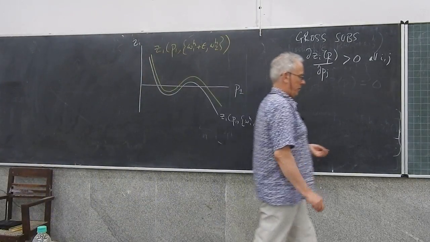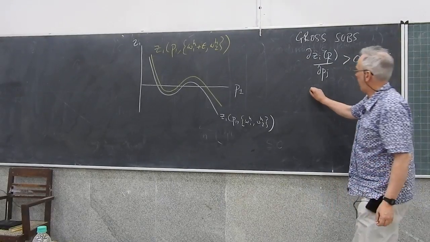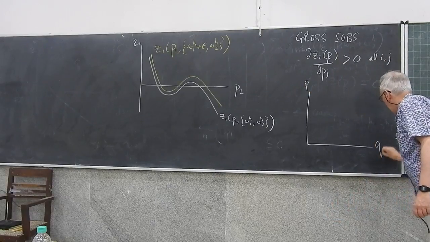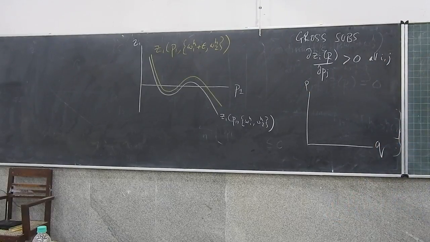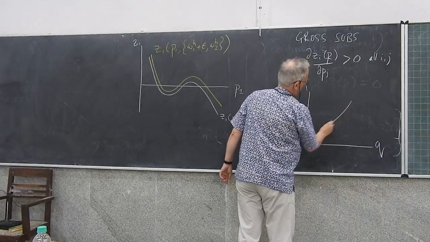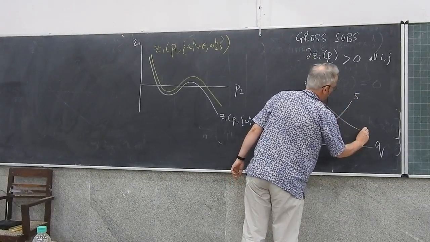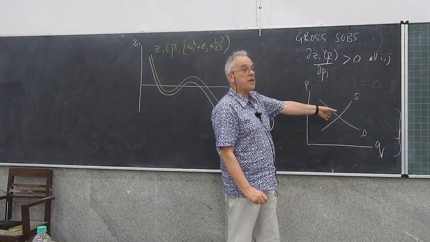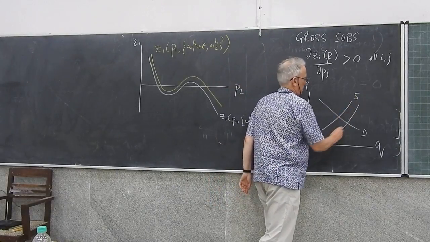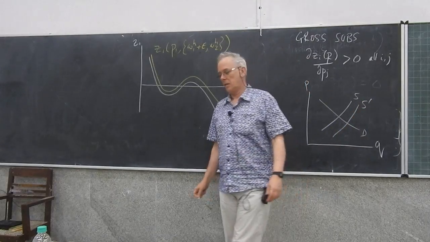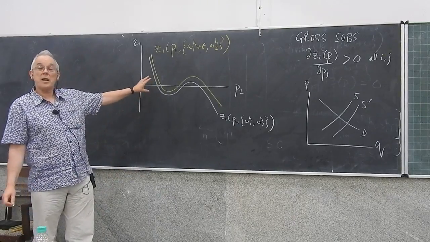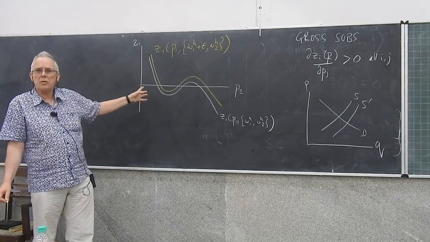In the framework of a standard introductory textbook perfect competition market, with a supply curve and a demand curve of some good, we have a unique equilibrium, and then we say, suppose there's an exogenous increase in supply, so we have a new supply curve, and the equilibrium price falls. Here, the first problem we have with multiple equilibria is, which is the new equilibrium?